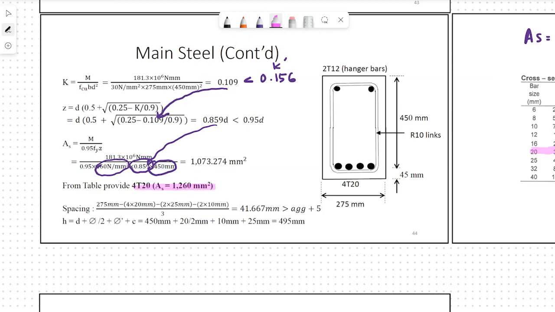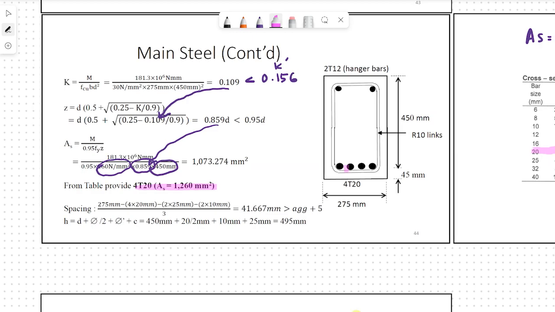And we need to check for spacing, is it okay or not in between bars ni, berapa spacing antara bar tu. Right, so 275 is the breadth, and then we have to minus number of main reinforcement.